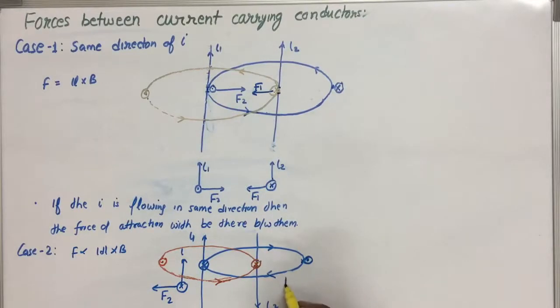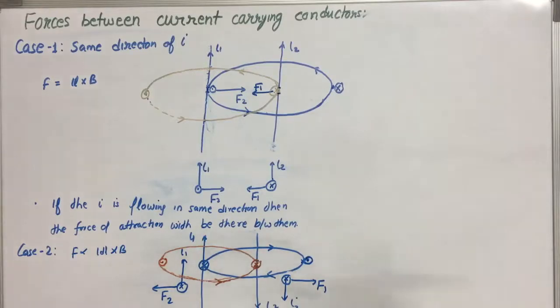So this is I1, I2, and the field direction is downward. It will give us the force direction at this element due to the field that is going downward at this point. So what we find here is that this force and this force are both repulsive in nature.